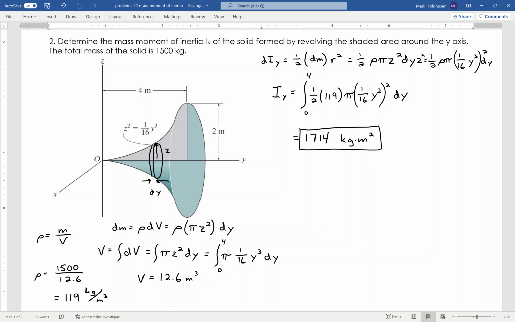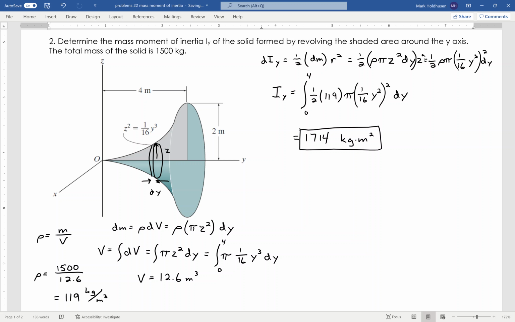So again, I take the time to find my density. Once I have my density, then I can find dm of my thin disk. Then knowing that a disk has a moment of inertia of 1/2 m r squared, I use that, where dm is going to be rho pi, this chunk right here. So 1/2 dm, which is rho times dv, times r squared, which for our case, the radius is z for that disk.